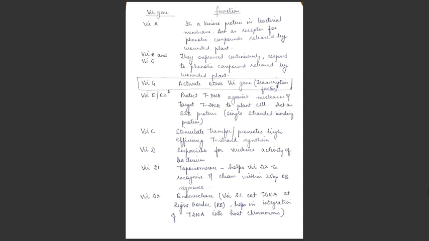Vir-G activates other Vir genes and acts as a transcription factor. Vir-D is responsible for virulence activity. So these are all the types of Vir genes. You can read these functions later on, and they can easily be identified from their functions.